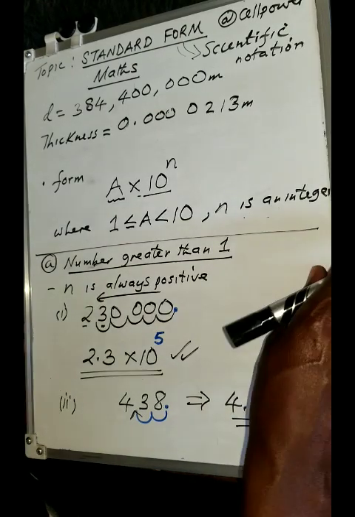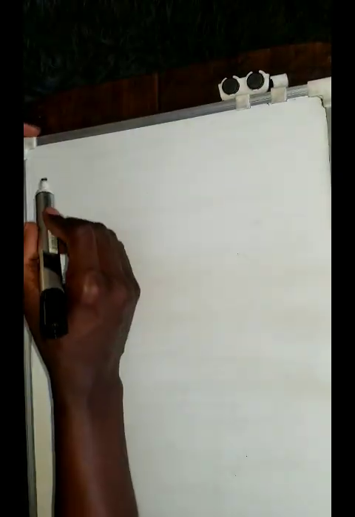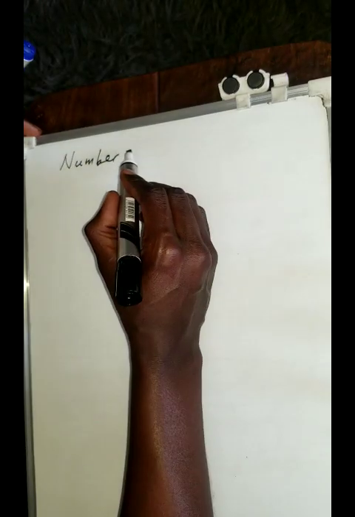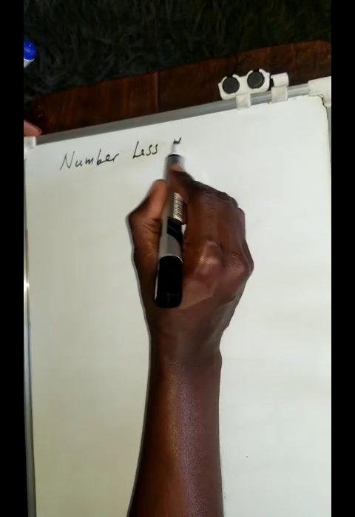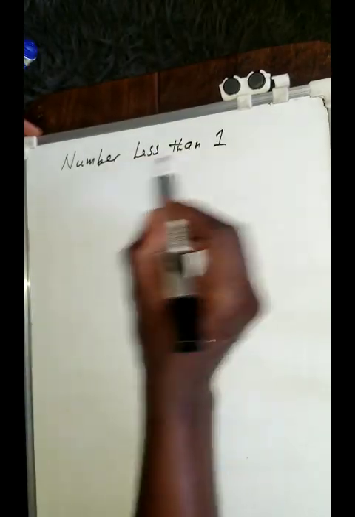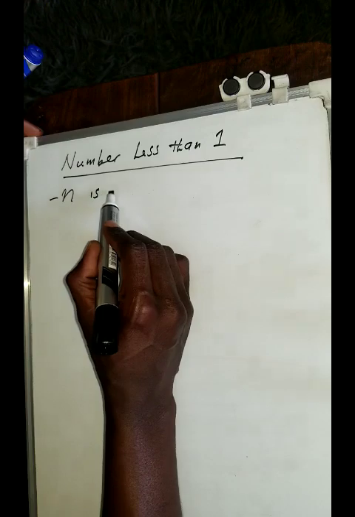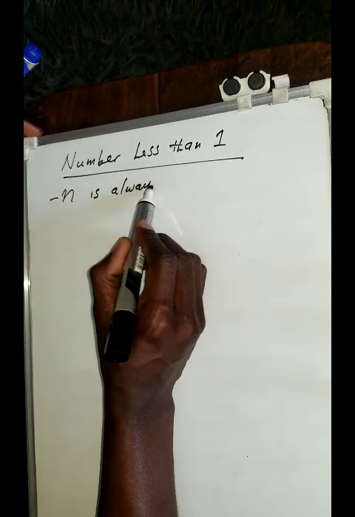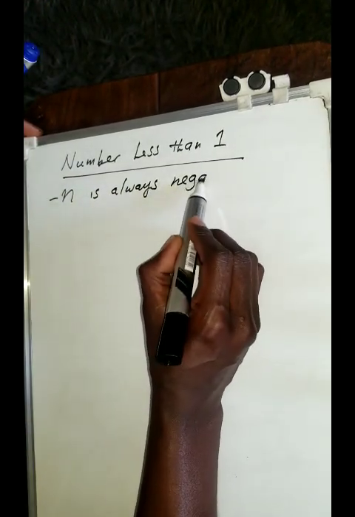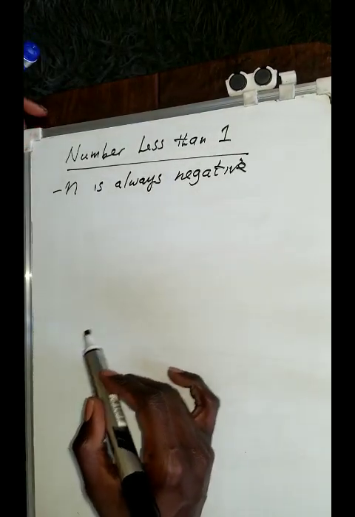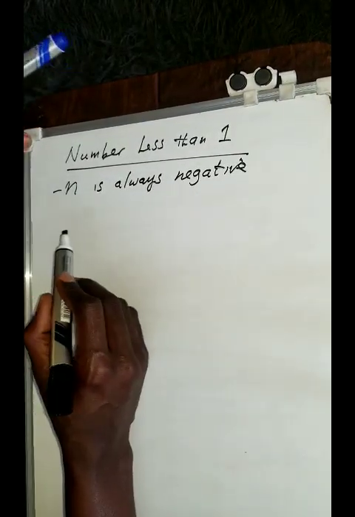All right. Let's look at another situation. Suppose you are dealing with numbers less than 1. As long as you're dealing with numbers that are less than 1, n is always negative. What do I mean when I say that?